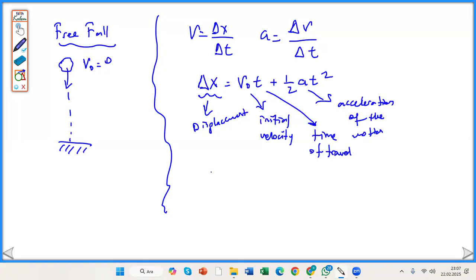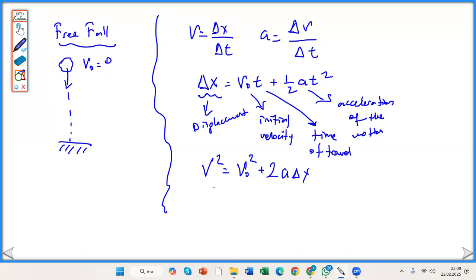Let's check another important formula. V squared is V0 squared plus 2a times delta x. If we don't know the time of the travel, we especially use this formula.